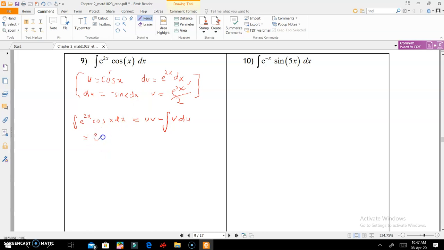You're going to get exponent 2x cos x over 2 minus the integration of v du. So here it is supposed to be minus, and minus and minus gives plus 1 over 2, because you got 1 over 2 here, times exponent 2x sin x.